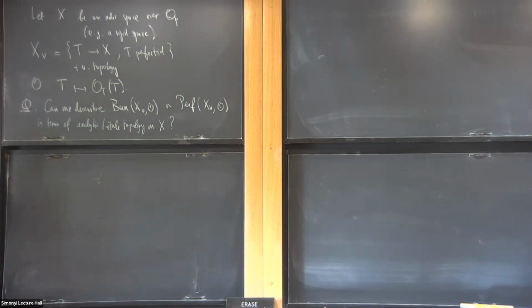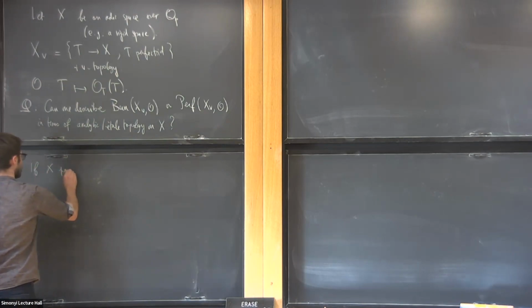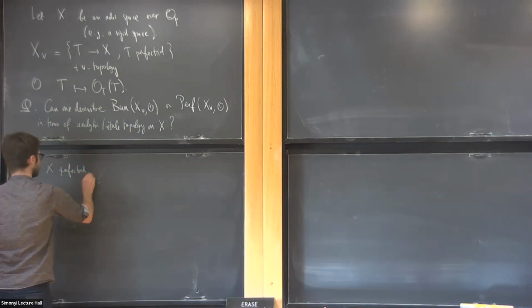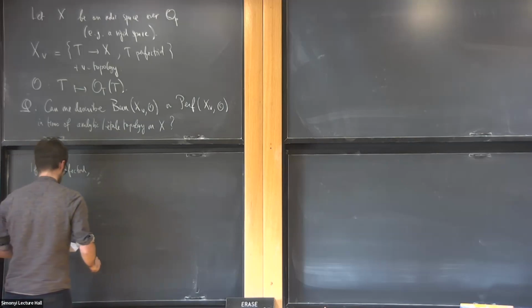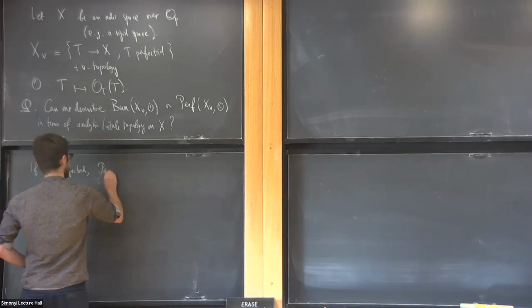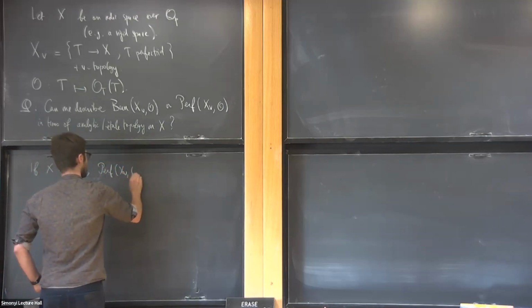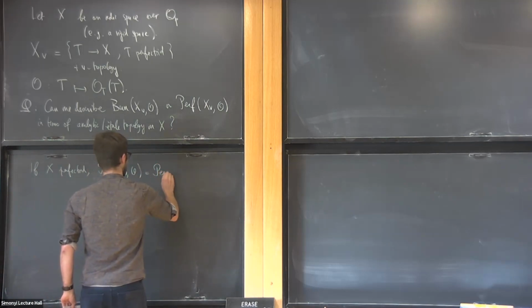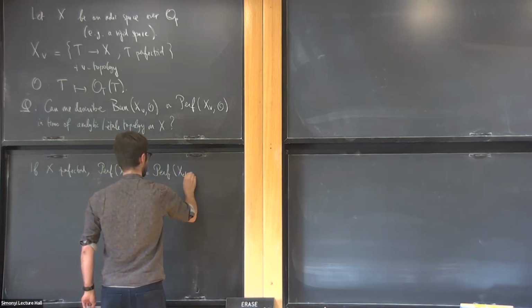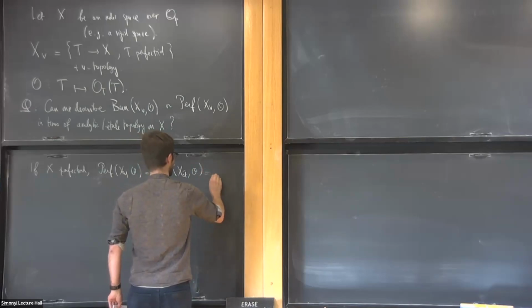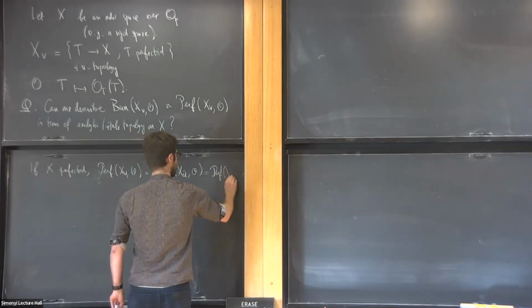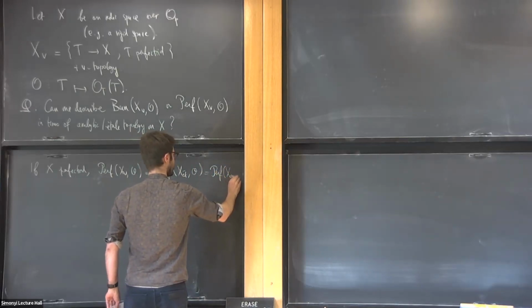And the first thing I should say is that if X is perfectoid, then in fact this category of perfect complexes is just the same as the category of perfect complexes for the étale topology, or equivalently for the analytic topology.